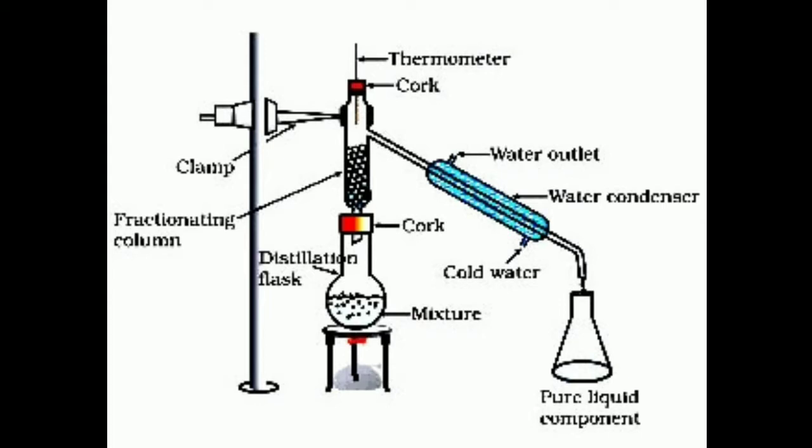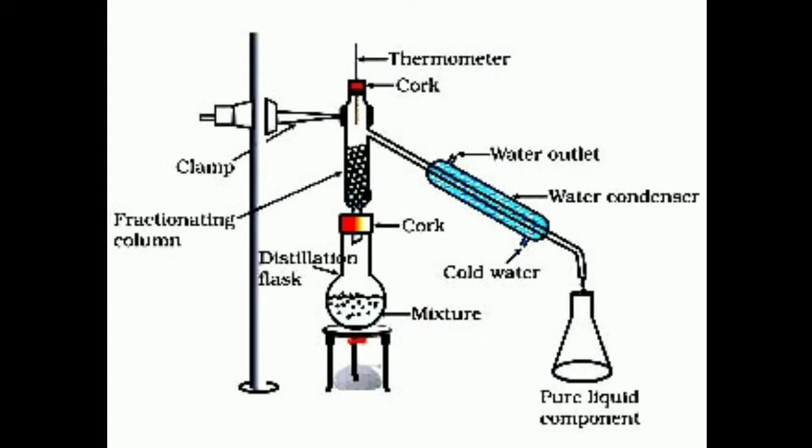And see what is a fractionating column. It is a tube packed with glass beads, and these beads provide surface for the vapors to cool and condense repeatedly. Here, this process is carried out in a fractionating column containing some glass beads.